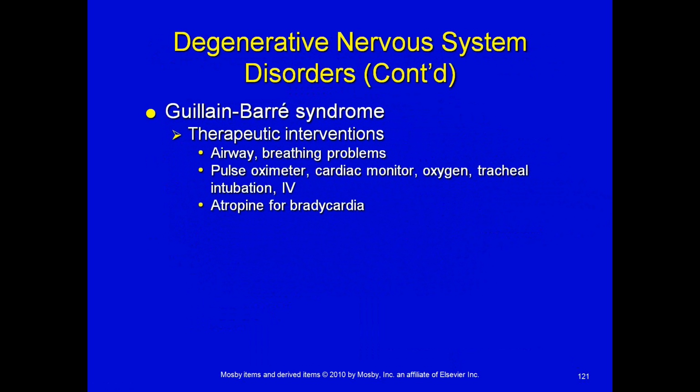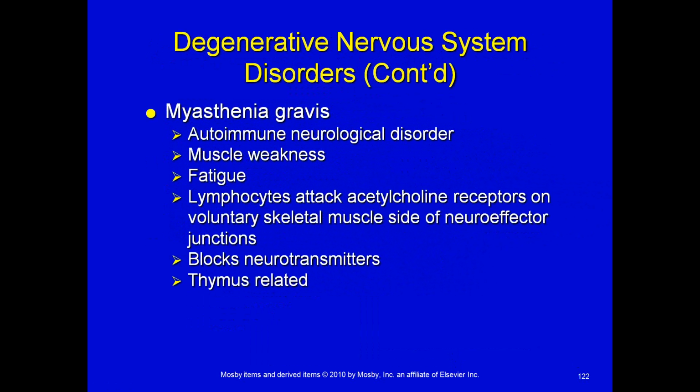Some therapeutic interventions: if they're having trouble with their airway or breathing or clearing their secretions, certainly we need to open their airway and breathe for them at an adequate rate and depth, establish pulse oximetry, a cardiac monitor, some oxygen. Patients may require intubation, and if they are bradycardic, then administer atropine.